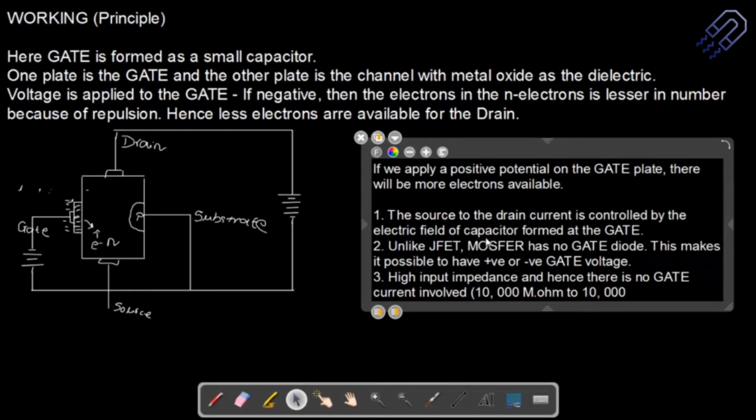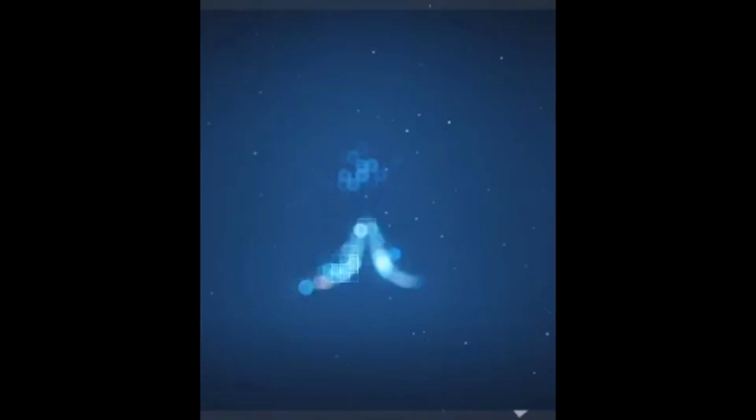So it has a very high input impedance, and this range is typically far greater than that of a JFET. So this is what a MOSFET is all about, and this is how it works. This is where we complete our lecture on transistors.